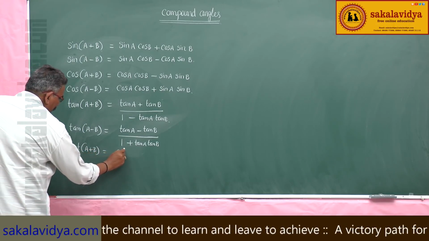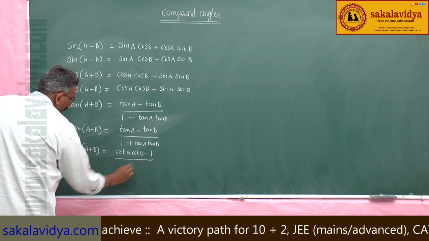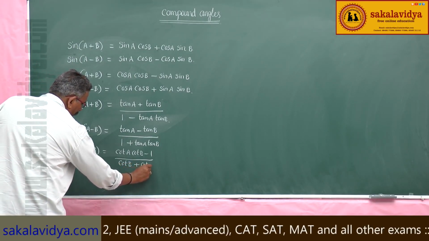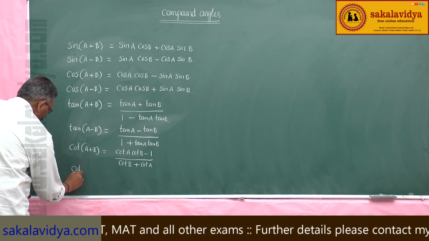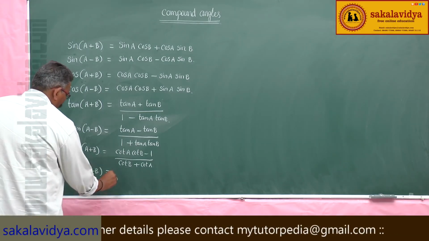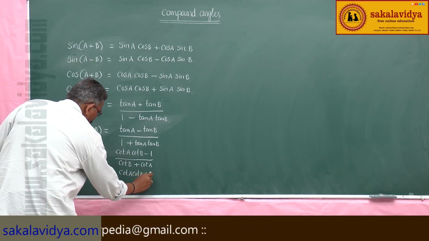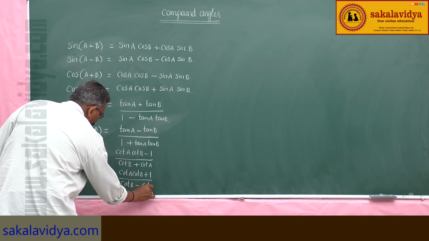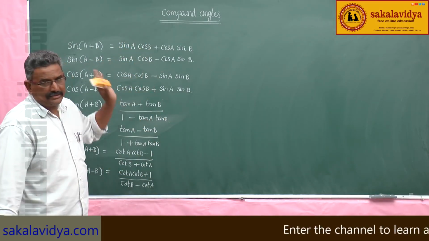Cot of A plus B is cot A cot B minus 1 by cot B plus cot A. Now, cot of A minus B equal to cot A cot B plus 1 by cot B minus cot A. Okay. So, these are the basic formulae in compound angles.